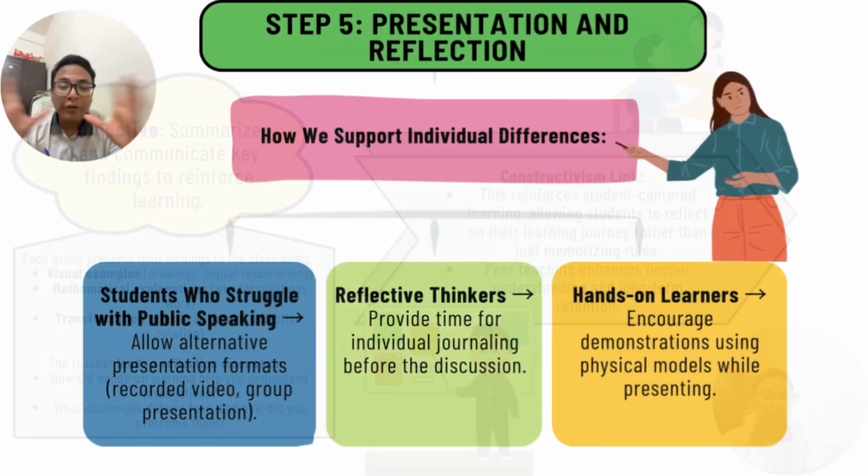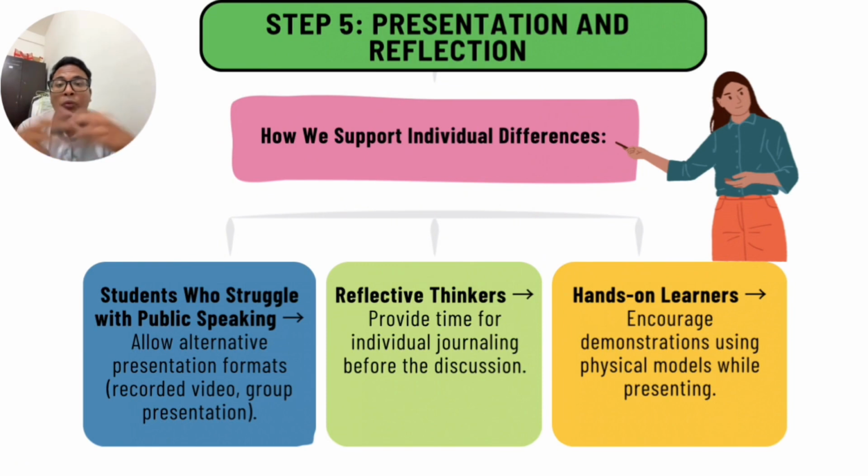Alright, from this step 5, how do teachers support the student differences? First one, students who struggle with public speaking: we can allow alternative presentation formats like recording a video or a group presentation, so they can reduce their nervousness and make the presentation go smoothly.